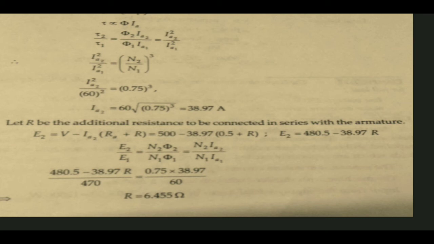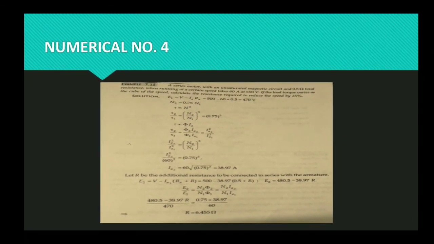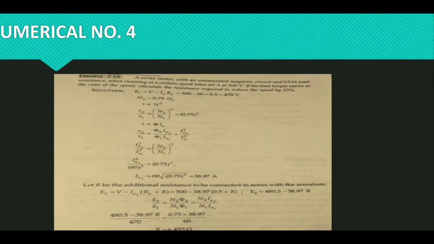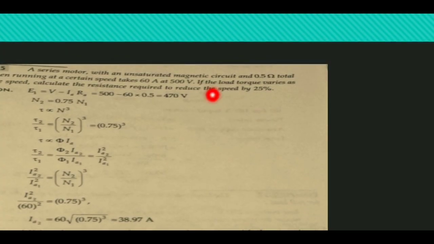So the value of E2 is 480.5 minus 38.97 R, and the value of E1 is 470 volt.